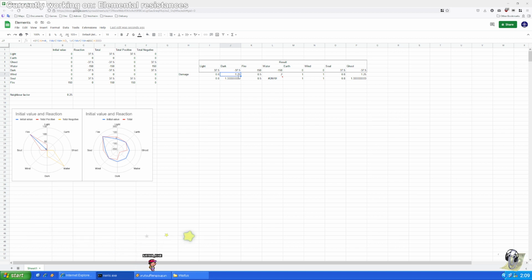This looks weird. This should be 2. Oh wait, this is 2. Ah, okay, it goes exponential. Because of this. Yes. It's not exponential, but yeah, okay.